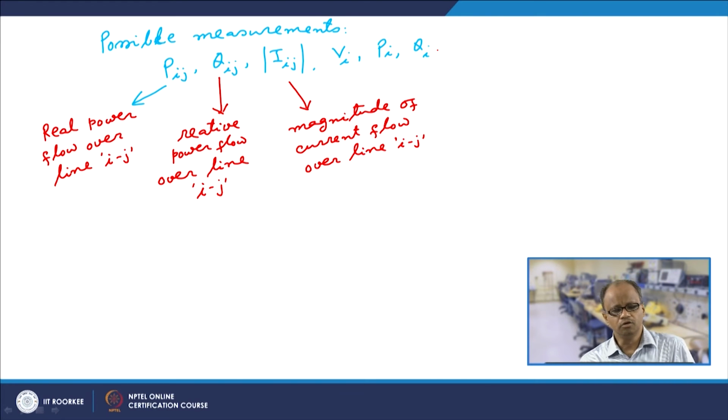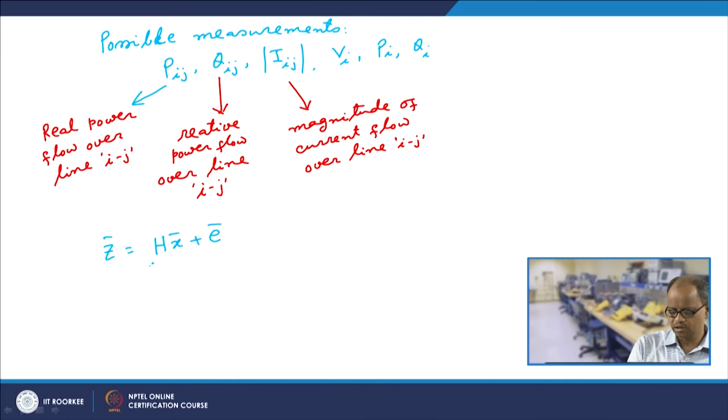So, our possible set of measurements can be anything. Now, if we recollect our earlier discussion on state estimation using a simple DC circuit, we noticed that the measurement vector Z is given by some constant matrix X plus some vector E. Please note that this is a constant matrix.